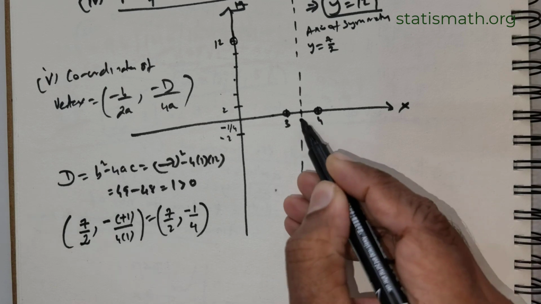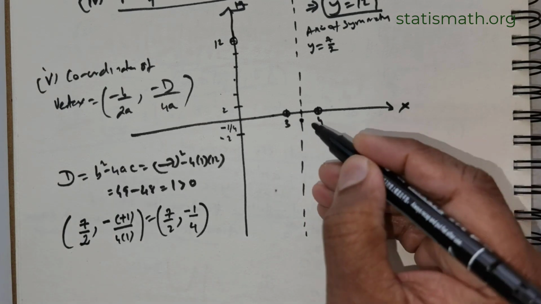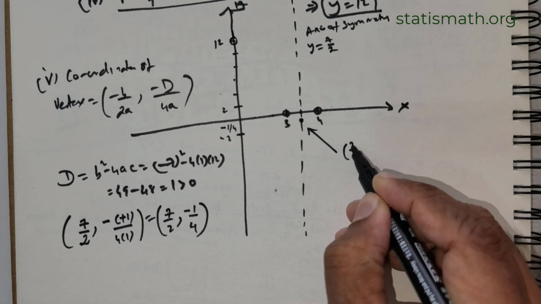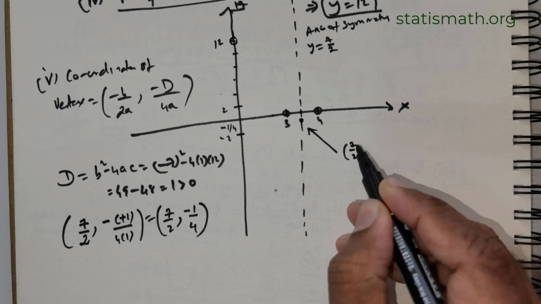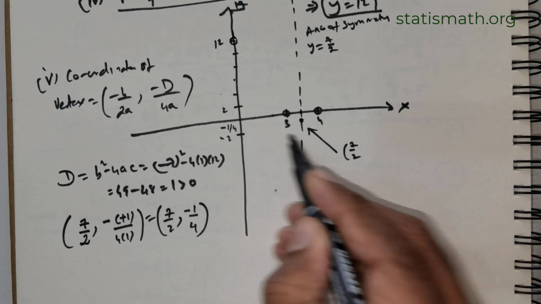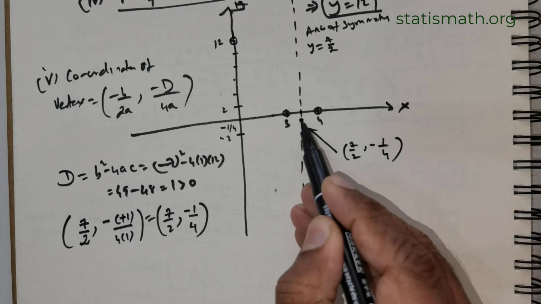So that is going to be my coordinates for the vertex. 7 over 2 is the x coordinate, and the y coordinate is going to be negative 1 over 4. So this is the point.